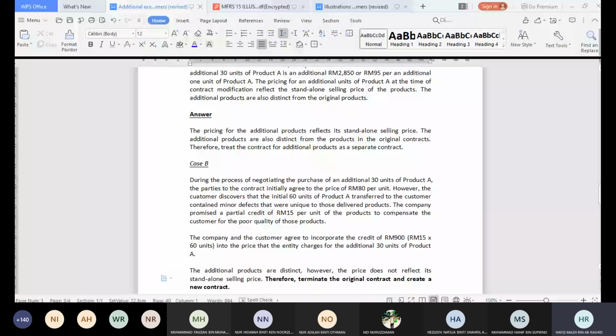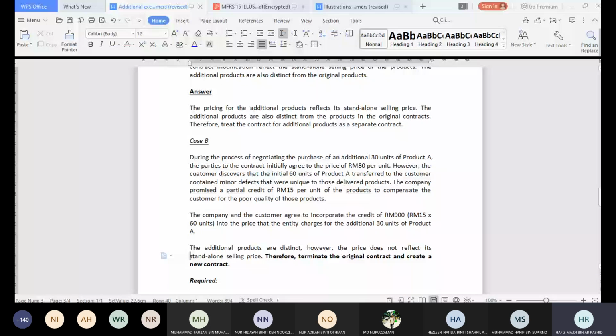Because of that, the treatment in case B is to terminate the original contract and just create a new contract for the remaining units to be delivered to the customer.